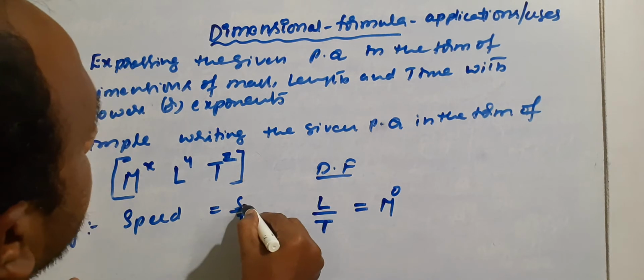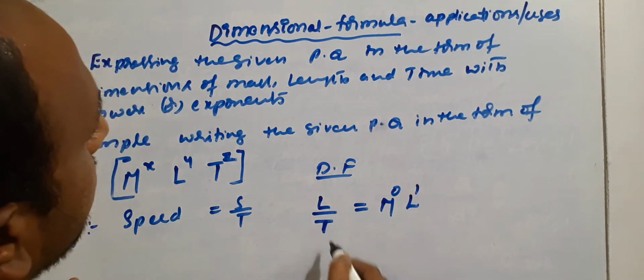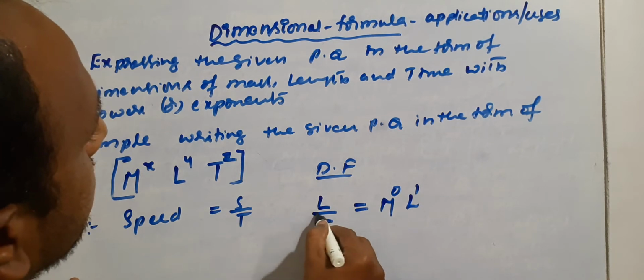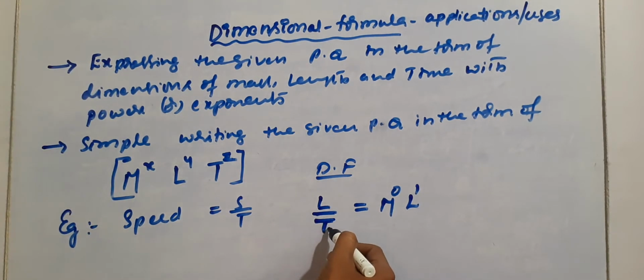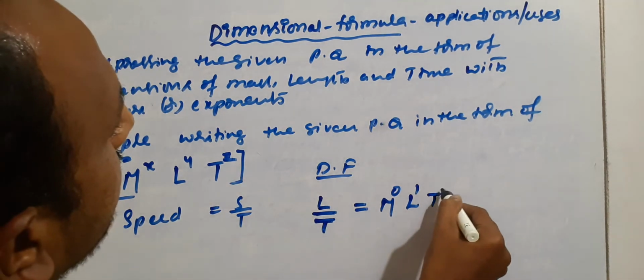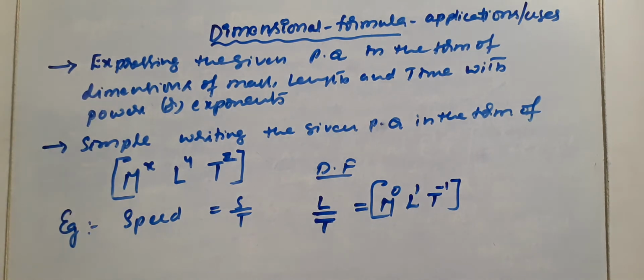L is there in the form of length of the path or distance, it is 1 time, so L power 1. And T is present in the denominator position, so it will be T power minus 1. So this is the dimensional formula for speed.